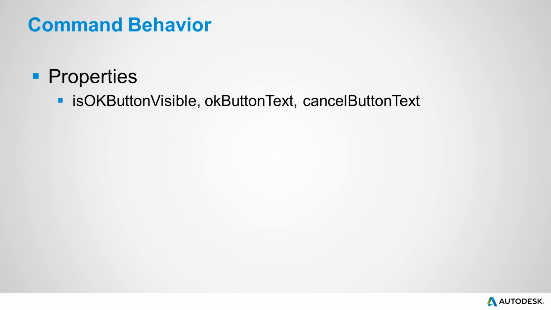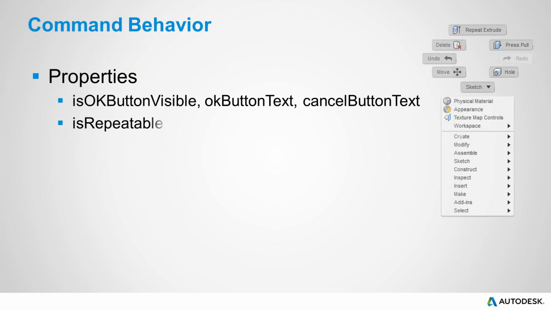So you could have yes, no instead of OK and cancel. There's a property on the command called isRepeatable. If this is true, which is the default, then your command will show up in the context menu, and you'll get this repeat whatever your command was. But if you set that to false, then it won't show up in that. So you have control over that.